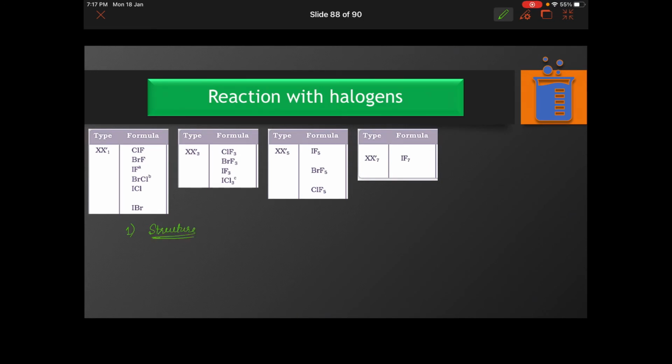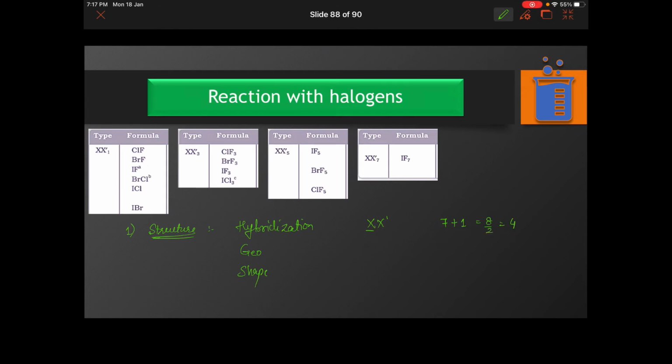And when I have helped you calculate the hybridization, you will be able to find the geometry and the shape. Very simple. If I have to find out XX', X over here has 7 electrons plus 1 monovalent atom, so 8 by 2, answer 4.